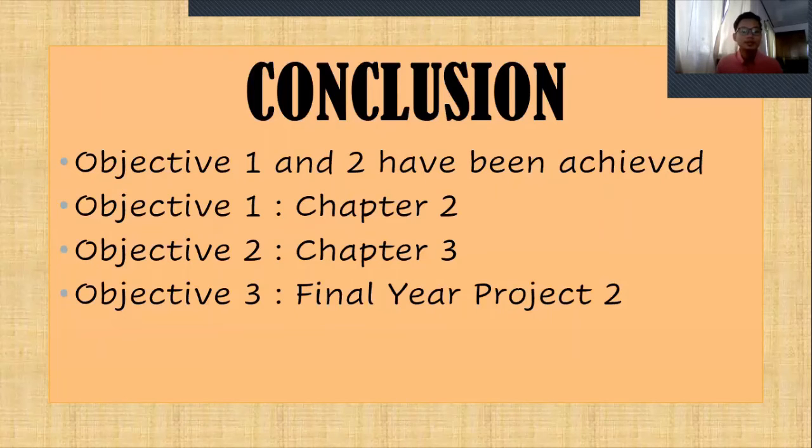The second objective is completed in chapter 3. The other objective, which is to determine the value of wind pressure coefficient on the residential house, has not been achieved yet, but it will be included in Final Project 2.